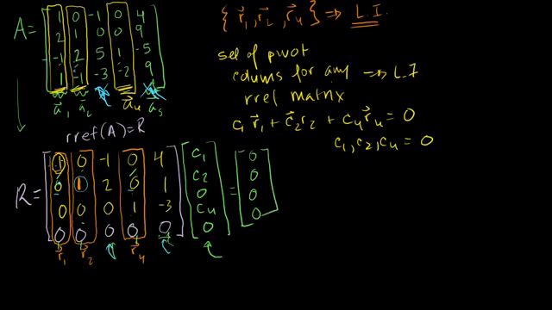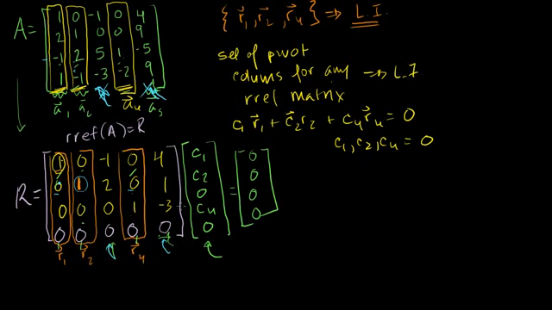Now, if we just expand this out, if we just multiply 1 times C1 plus 0 times C2 minus 1 times 0 plus 4 times 0, you'll get, or actually, let me tell you a better way to explain it.